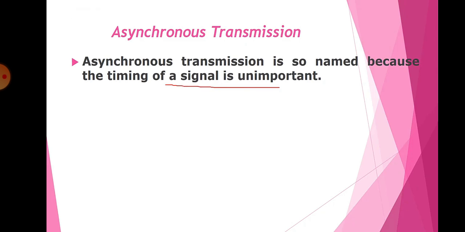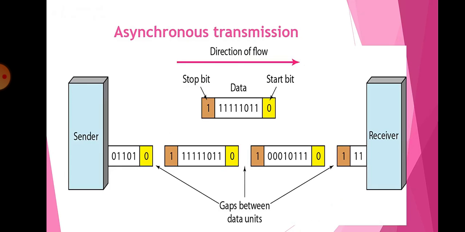So in the case of asynchronous mode of transmission, we can group 8 bits together and call it a single unit. While transmitting the data, we maintain the gaps between the data units, as well as add a stop bit and start bit.